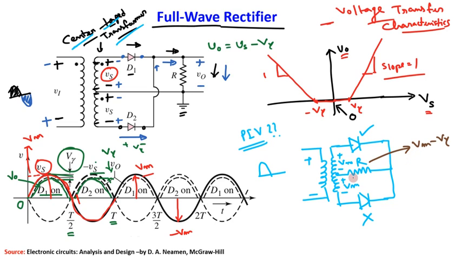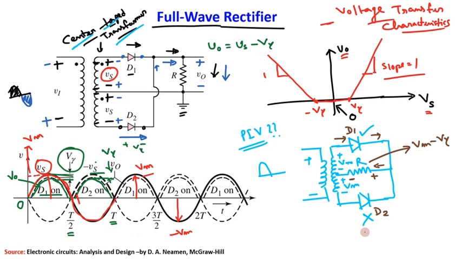But what will be the polarity of this voltage drop? See here, current is flowing like this, so the polarity of this drop across here would be like this. Remember this is the polarity. So this is for the positive half cycle when diode D1 is conducting and diode D2 is off.